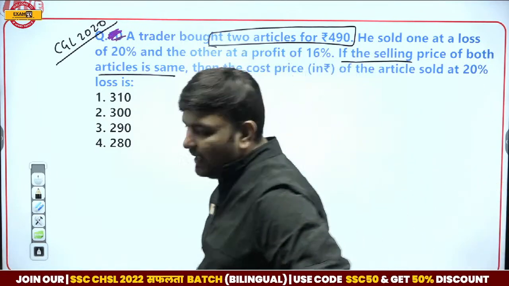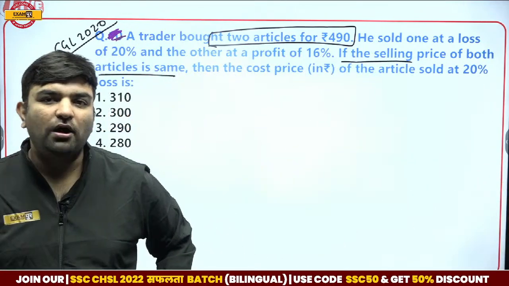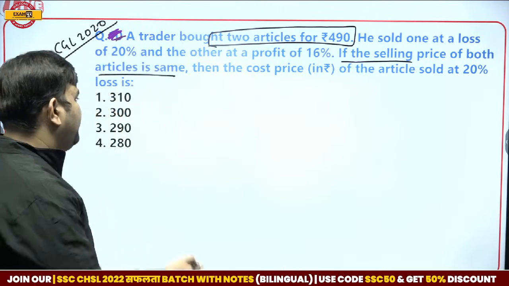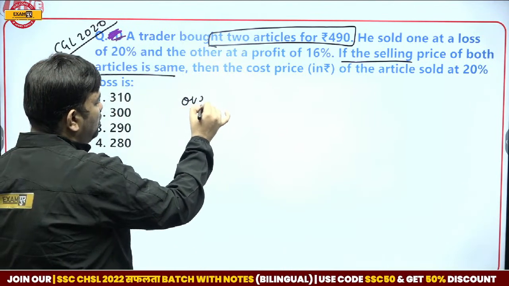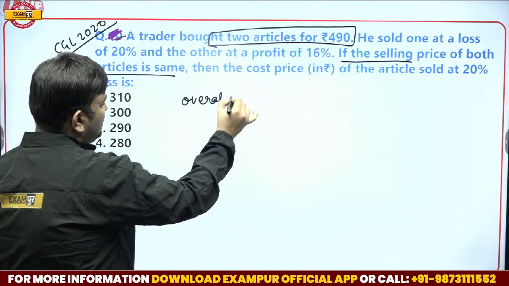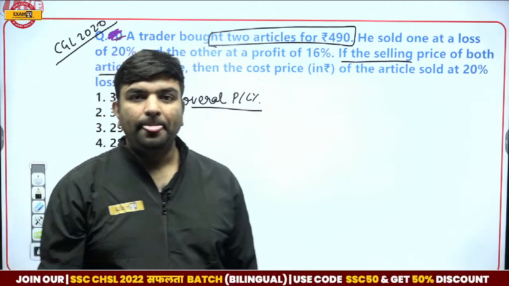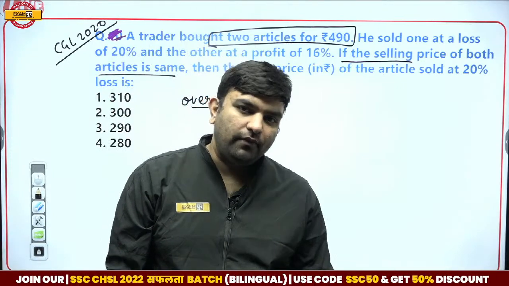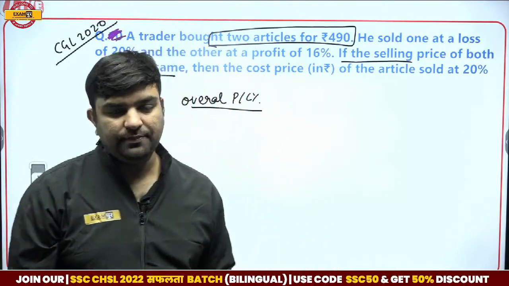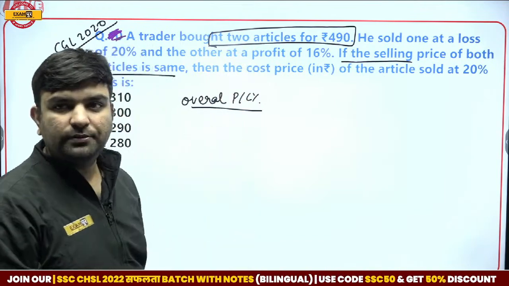Here that formula can help, but it is not solving our purpose, because that formula is great whenever you want to find the overall profit and loss percent. Here the demand is something else: what is the CP of one of the articles if the total CP is known?